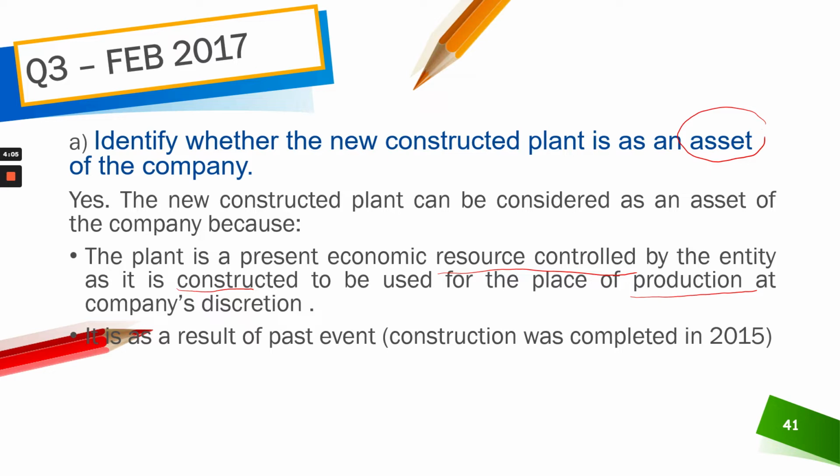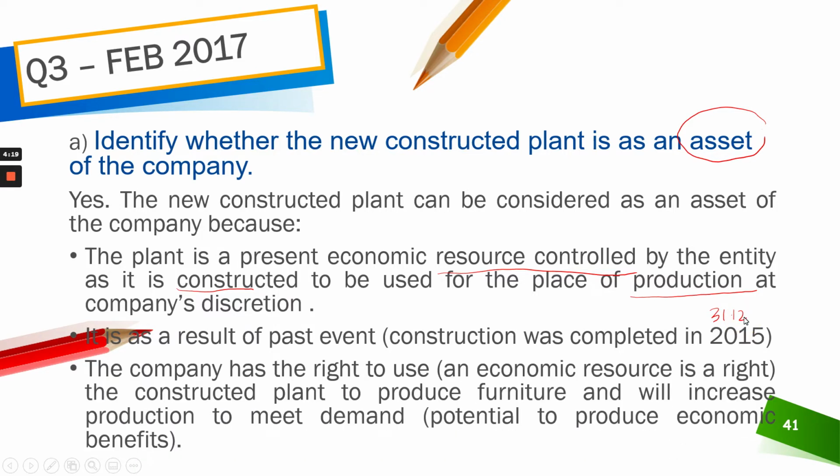The construction of the plant was completed in 2015. So it was completed after a year, 31st of December 2015. That was as a result of past event. And the first one was on economic resources control, and the third one is that the company has the right to use. So the economic resource here is a right.